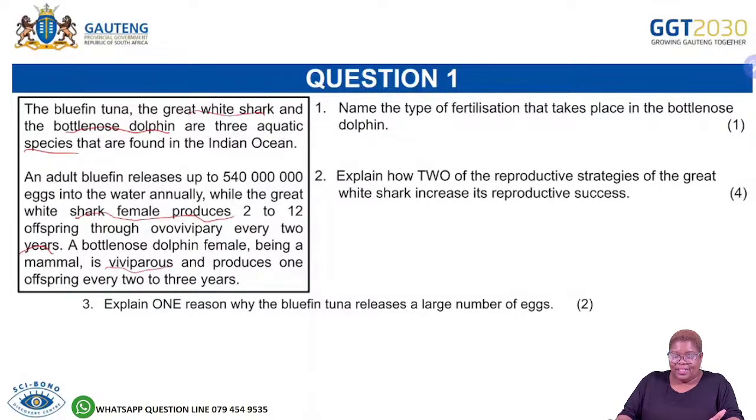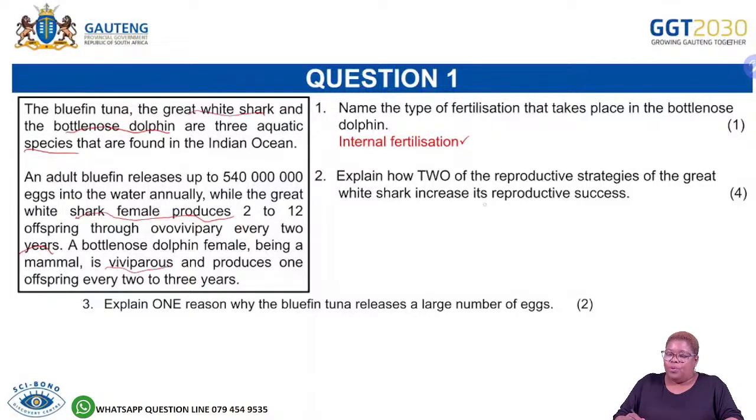So many strategies there, and produces 1 offspring every 2 to 3 years, right? Name the type of fertilization that takes place in the bottlenose dolphin. It comes from the case study there. The type of fertilization is internal, okay?